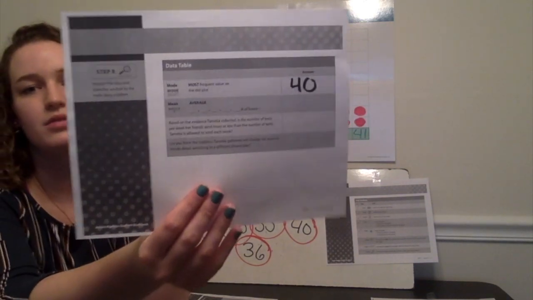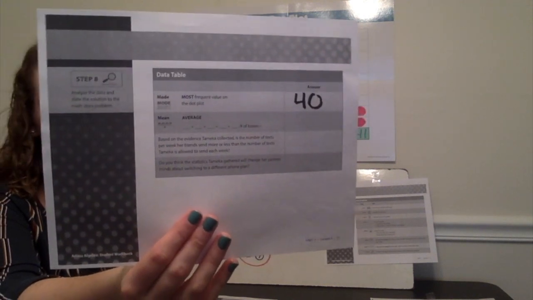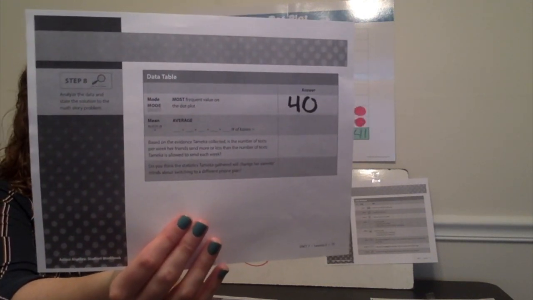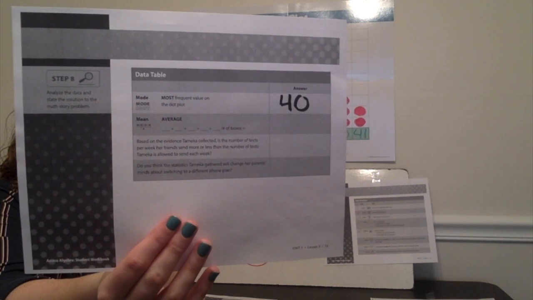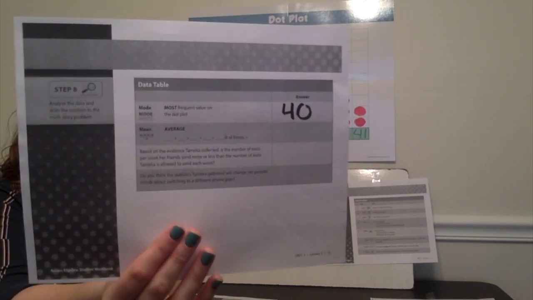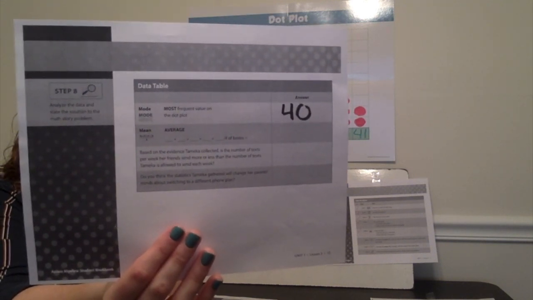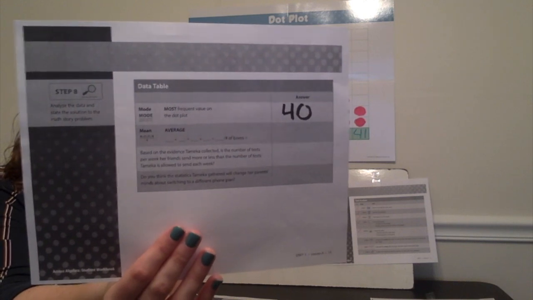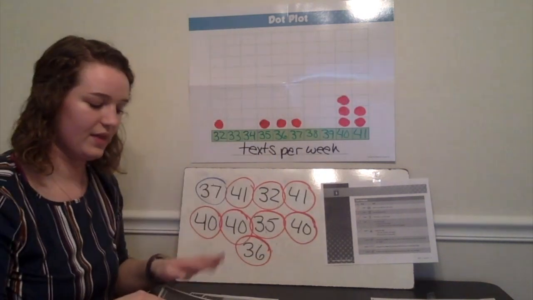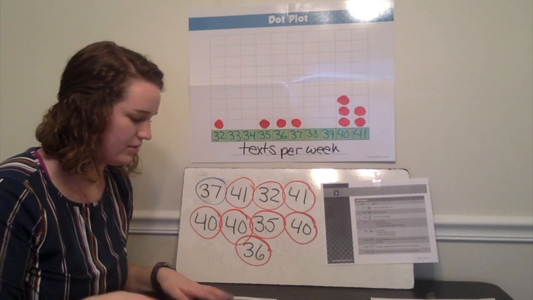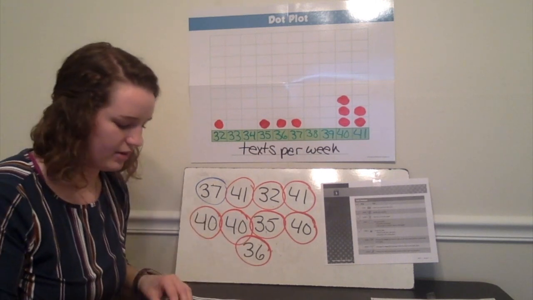Just like this, 40. Okay? Go ahead and do that. Okay, and that's all we're going to do on that paper for right now. So I'm going to put that one back under.